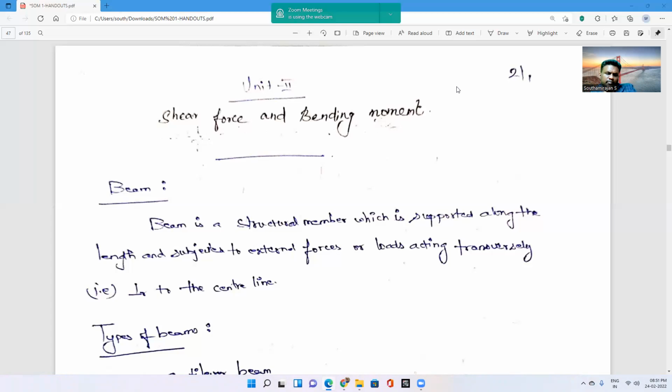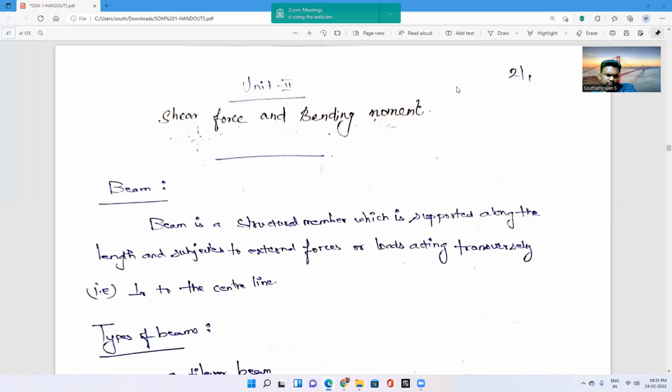For that we have taken the member beam. A beam is a flexural member, that is, a member which will be prepared from any composition of material. It may be a homogeneous material or a non-homogeneous material.